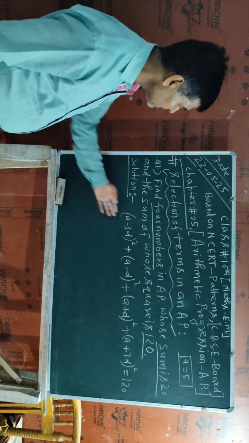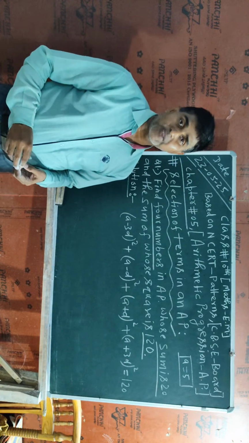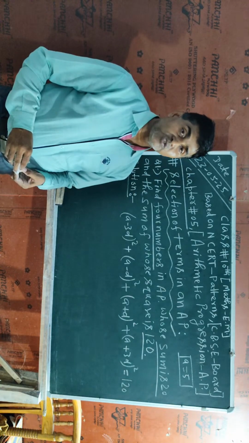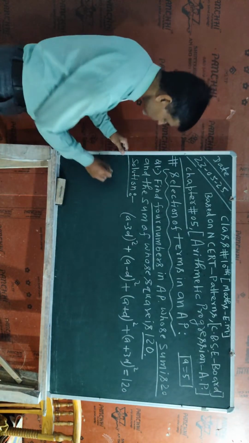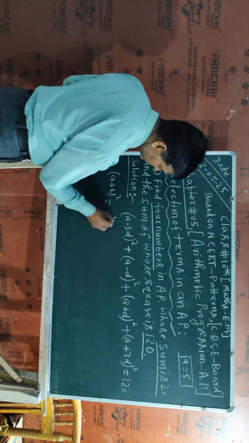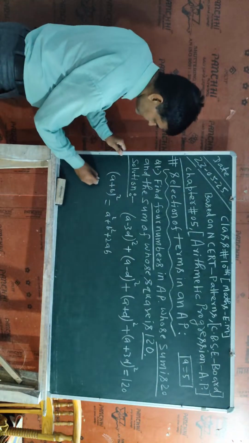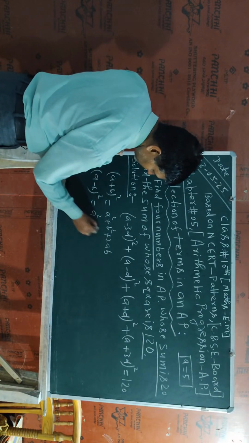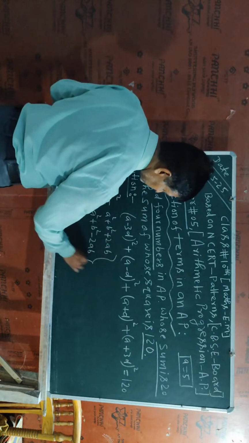Okay student, now here I will use the concept of algebra. In algebra an identity is also available: (a plus b) whole square is equal to a square plus b square plus 2ab, and (a minus b) whole square is equal to a square plus b square minus 2ab. So I will use both formulas here.